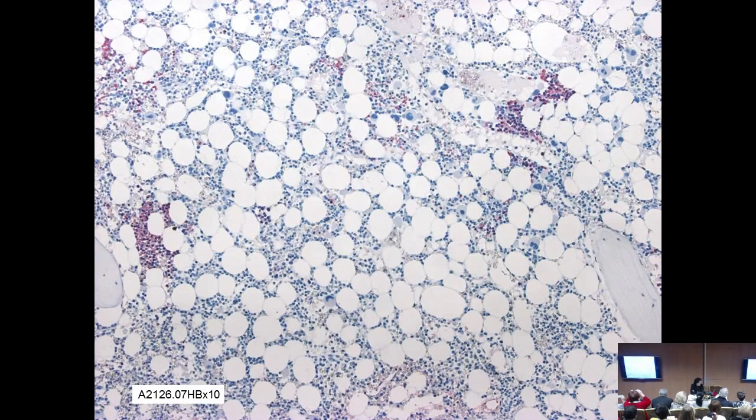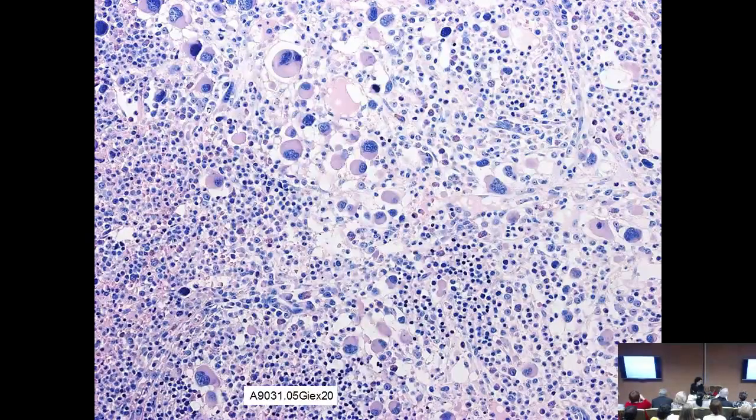Another particular feature of MDS with deletion 5q is hypoplasia of the erythroid lineage. Here you see a stain for hemoglobin, and only 2 erythroid islands are stained. This hypoplasia is very characteristic for MDS with deletion 5q.